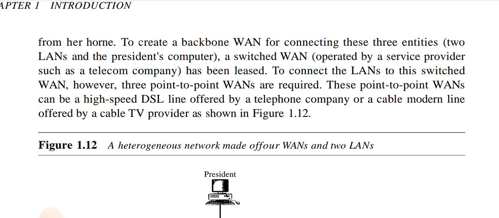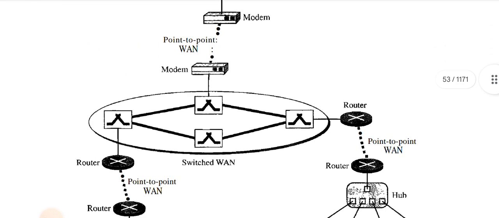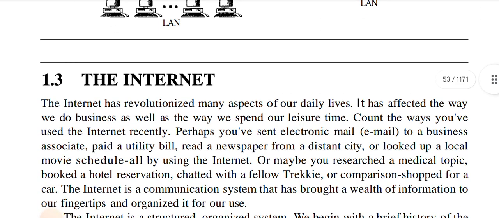A switched WAN operated by a service provider such as a telecom company has been licensed to connect the LANs to this switched WAN. However, two point-to-point WANs are required. These point-to-point WANs can be a high-speed DSL line offered by a telephone company or a cable modem line offered by a cable provider, as shown in figure 1.12. The Internet.